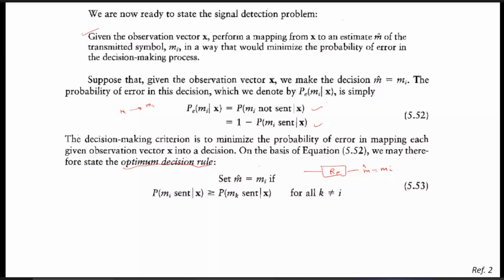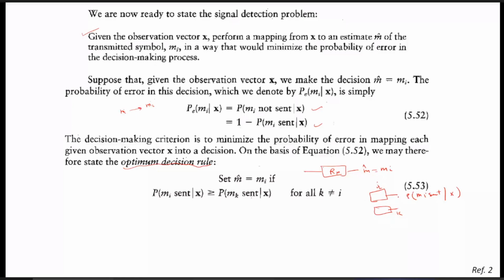If the probability of mi sent for the given observation vector x is greater than the probability of mk sent, then the receiver can make its decision in favor of mi.